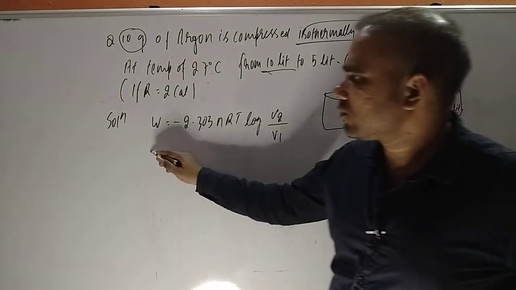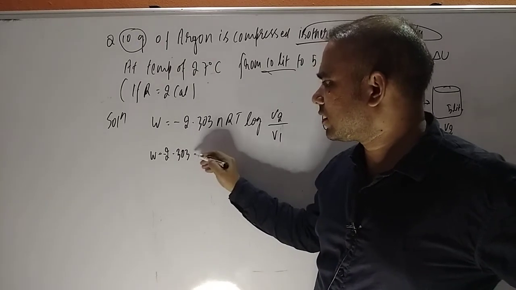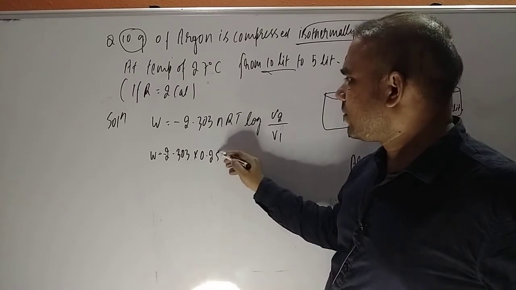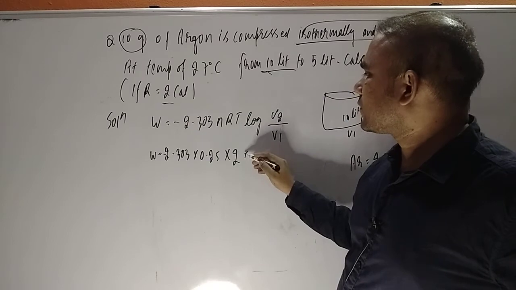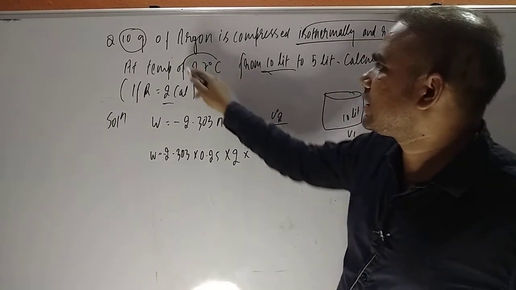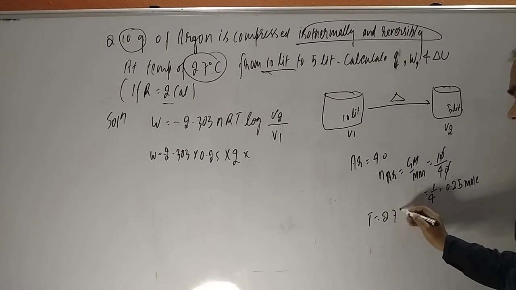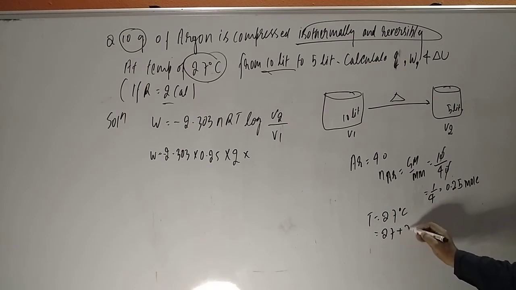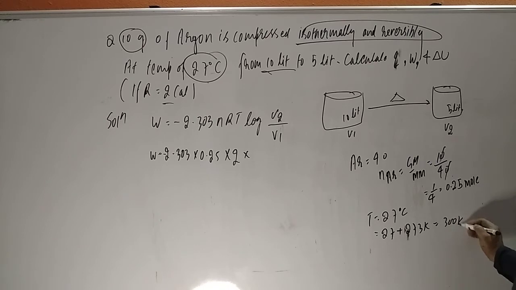So W is equal to minus 2.303, n value 0.25, multiplied by R, 2 calories. T is given as 27 degrees Celsius, you can convert into Kelvin: 27 plus 273, so 300 Kelvin is coming.